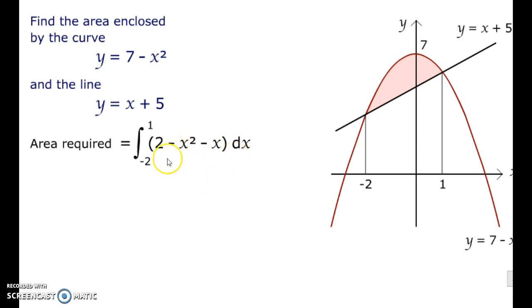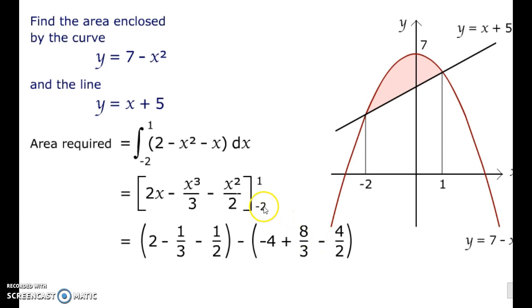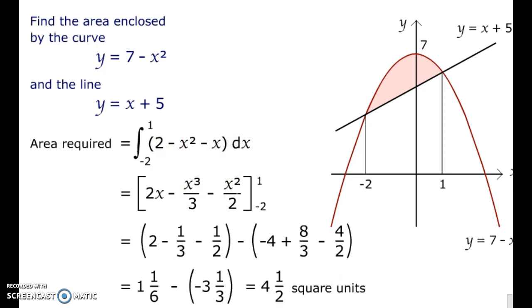Don't worry about this. You can even separate, integrate and then subtract. It will give you the same area. You need to apply the limits after integrating. We are just using the power rule of integration. Be careful about the fractions, please. So I got 4.5 square units. That is the area. Thank you.